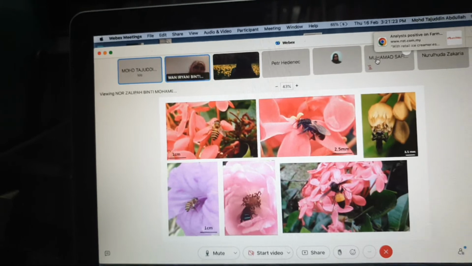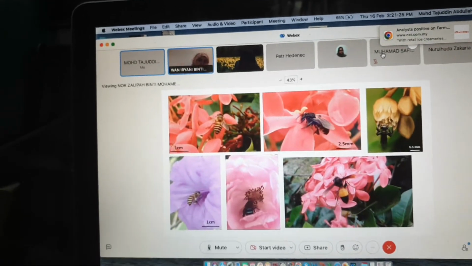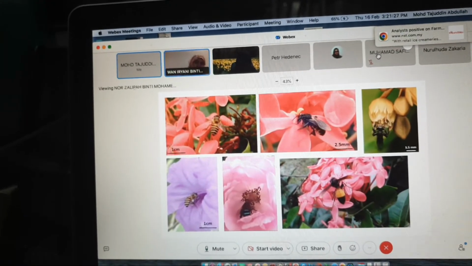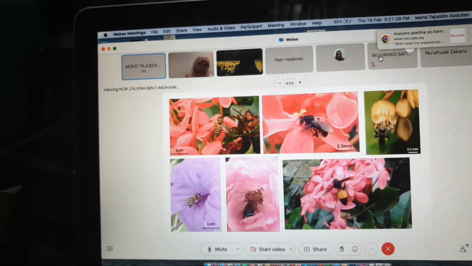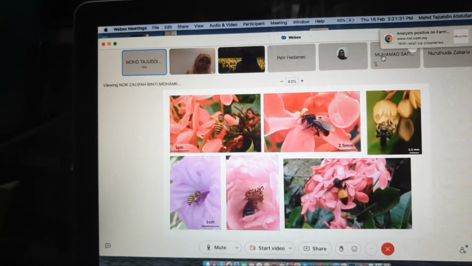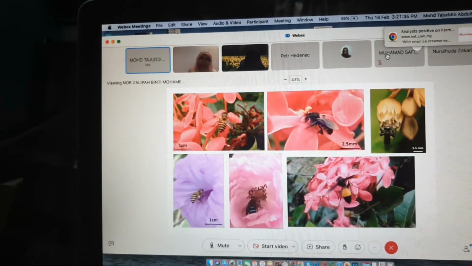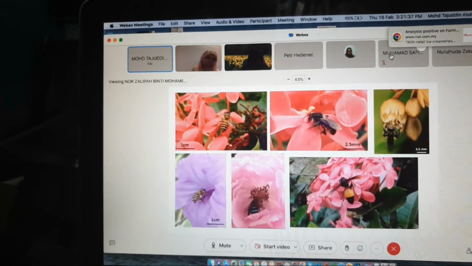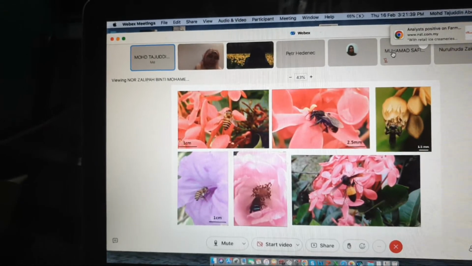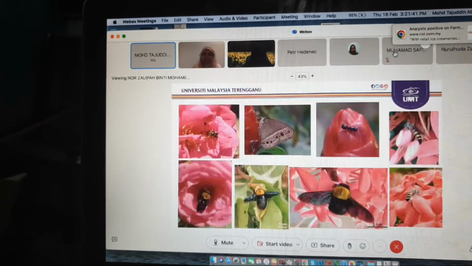I did not comment on that. It's correct. And then misalnya the interaction and the way you want to analyze is also correct. Cuma your problem statement and your objective kena consistent lah.